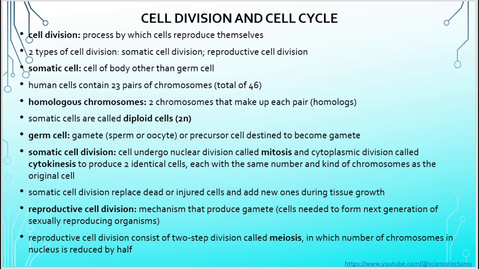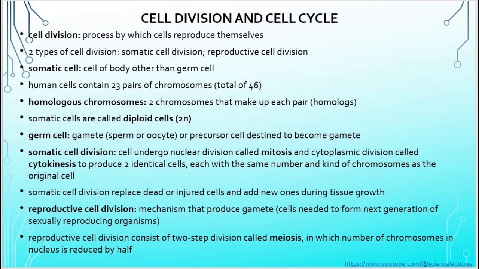Human cells contain 23 pairs of chromosomes for a total of 46. One member of each pair is inherited from each parent. The two chromosomes that make up each pair are called homologous chromosomes. These homologs contain similar genes arranged in the same or almost the same order.